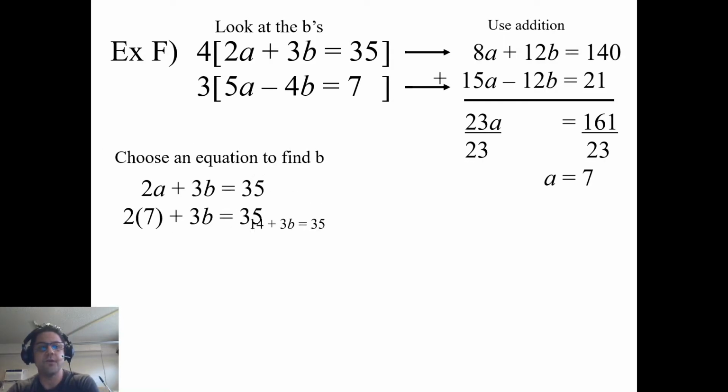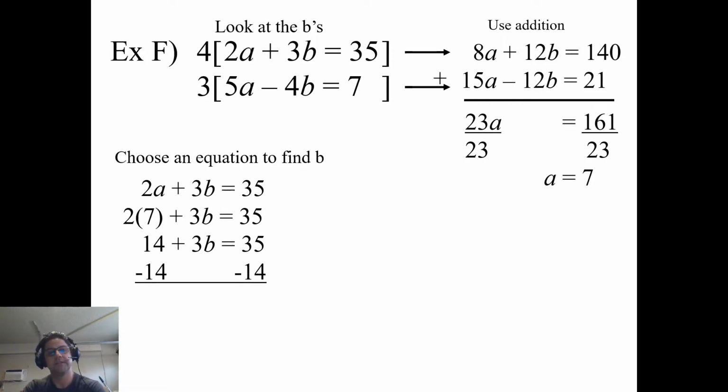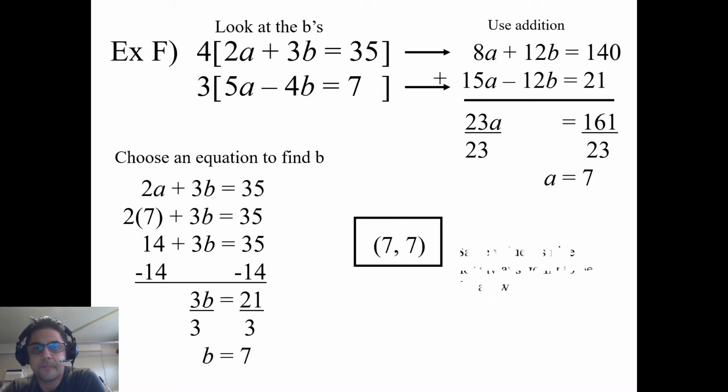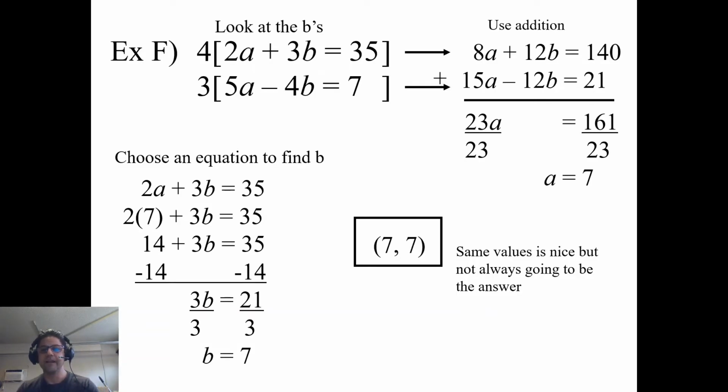Two times 7, 14. 3b equals 21, so b is 7. Remember, alphabetical order, so A goes first. Oh, but you know what? They're exactly the same. Even better. 7, 7. Same values is nice, but not always going to be the answer.